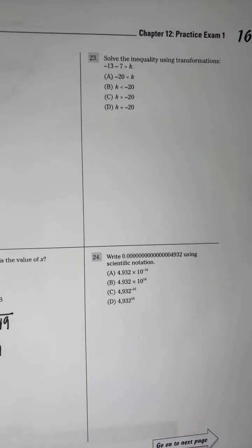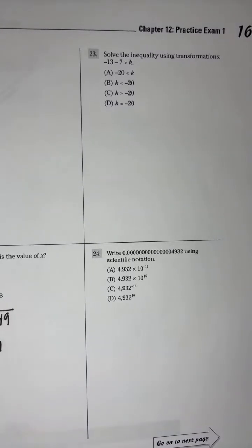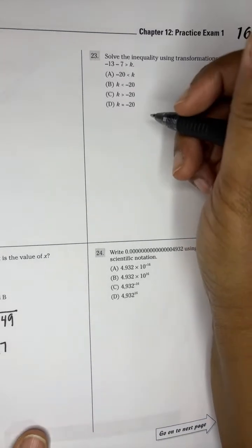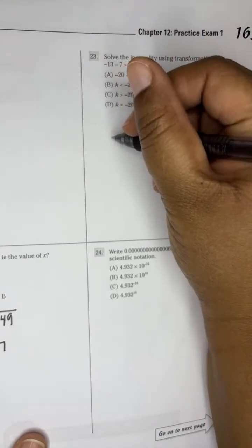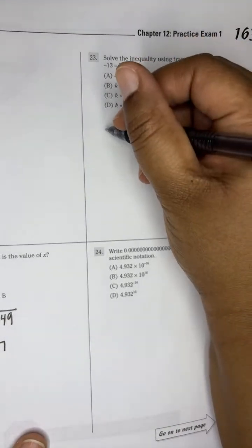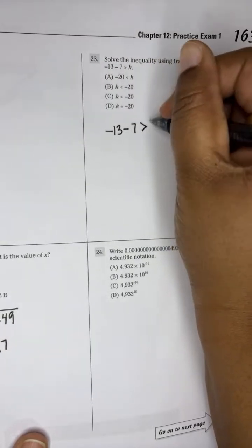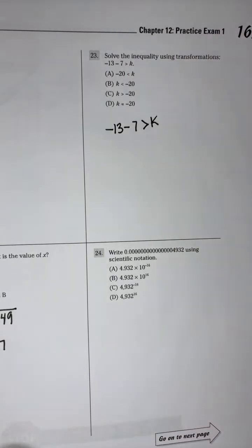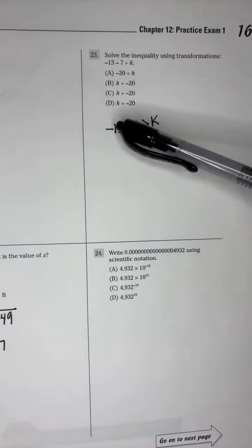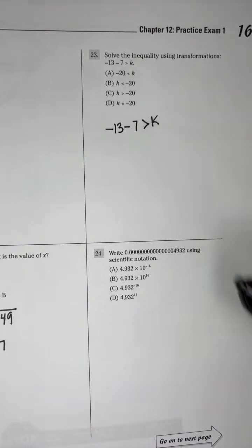Okay, so number 23. Solve the inequality using transformations. Okay, so we have this. Negative 13 minus 7 is greater than K. Now, if we look at our answer choices here, mostly all of them have the K on the left side.